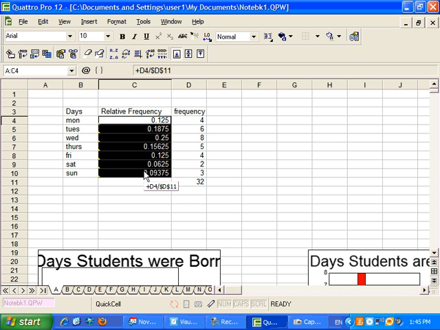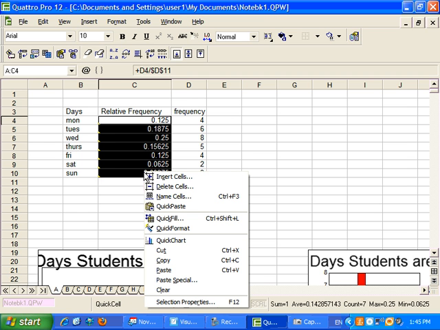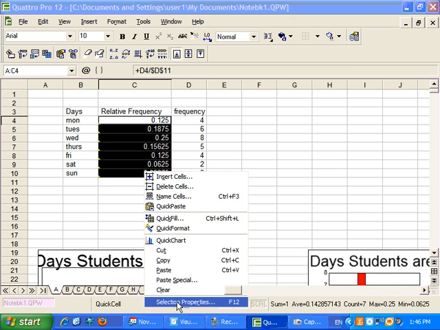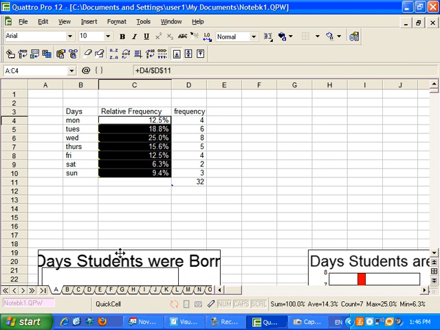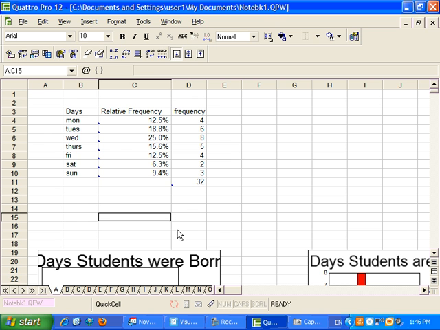Now I want it as a percentage, looks a little nicer. So I go to our options here, selection properties, numeric format. I would like a percent, and no decimal places. You can go 1, it doesn't matter. So you can see in the bottom corner here it's 12.5. So there we go, it's all as a percentage.